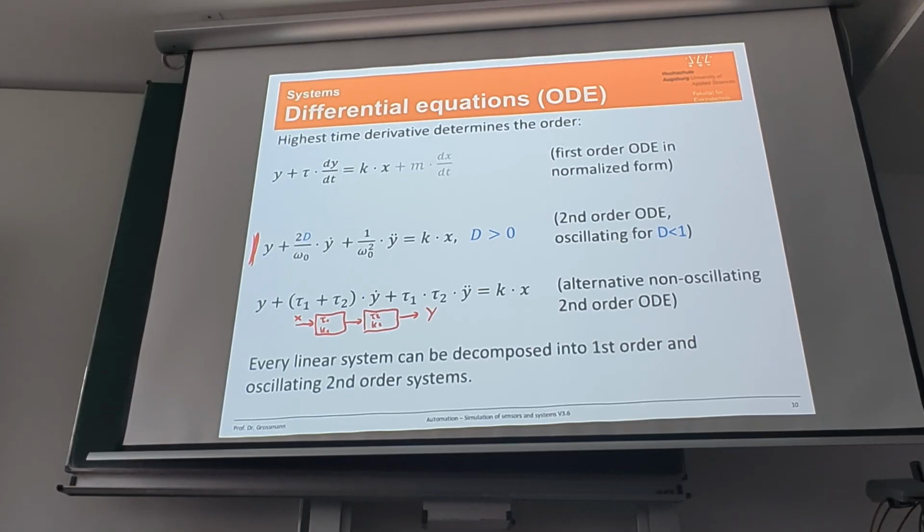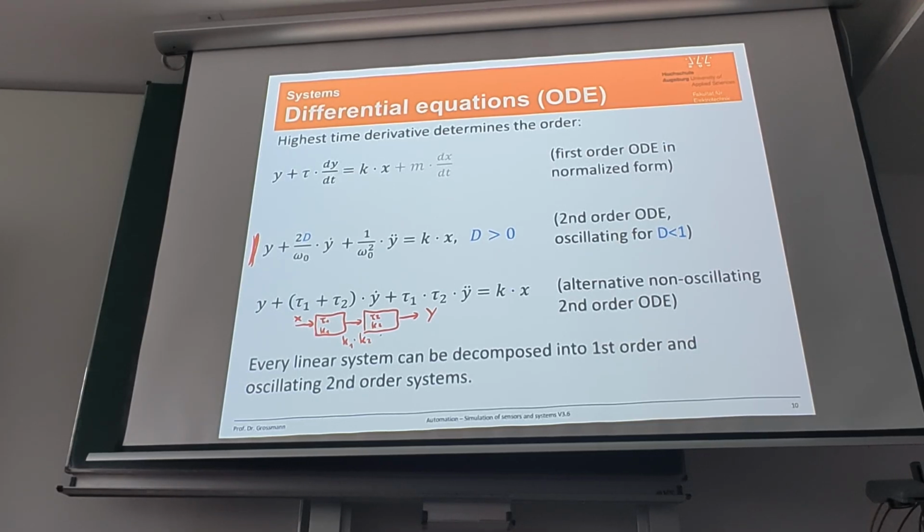And okay, tau 1, tau 2, this is here from the equation, and the two k's are arbitrary, so you can define them how you want, but the product k1 times k2 must be this complete k from the equation. Okay, and if you have a 10th order system, then you can be sure it's a long series of either these first order systems or oscillating second order systems.